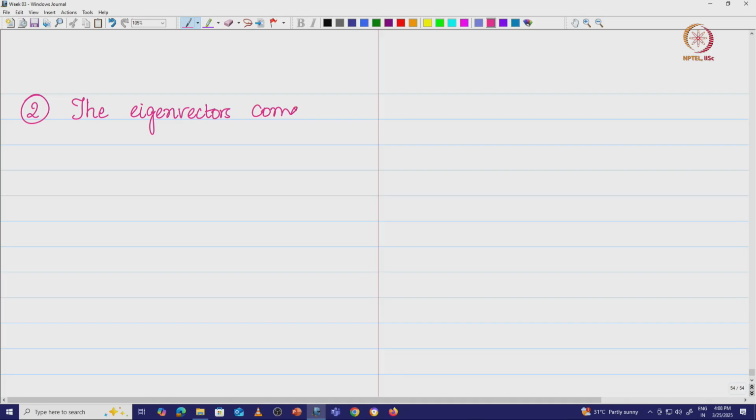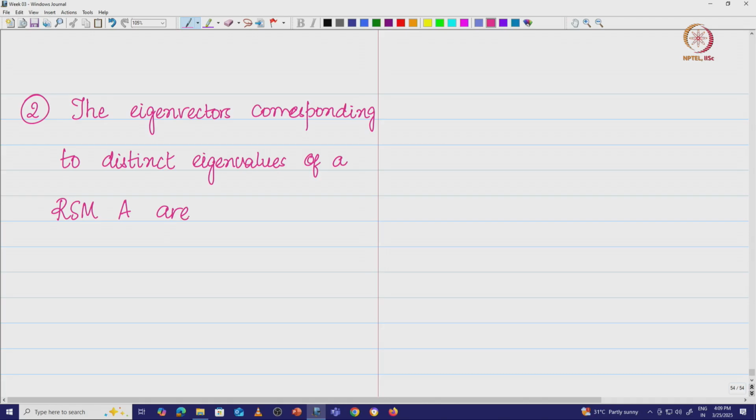The eigenvectors corresponding to distinct eigenvalues of a real symmetric matrix A are always orthogonal to each other.